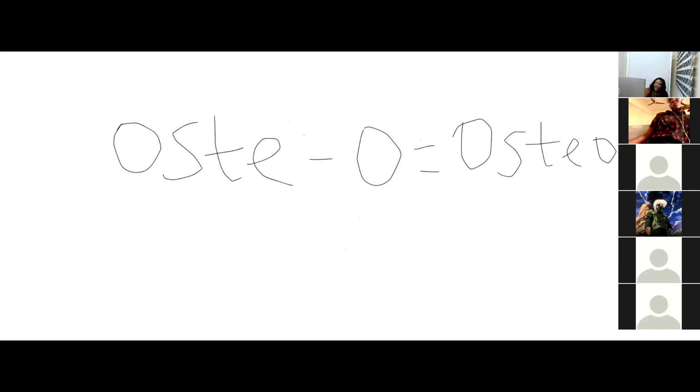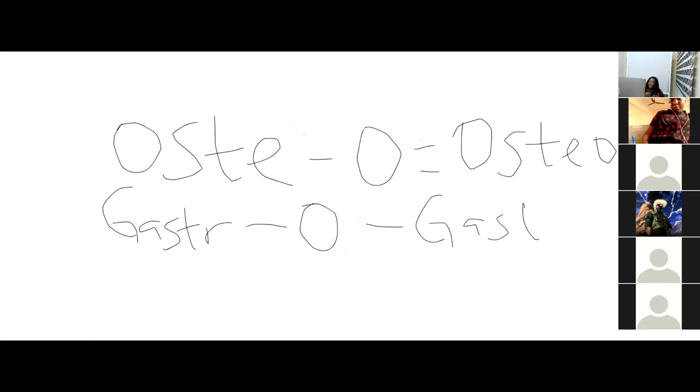Now, let's take another example. Gastr. This does not have any meaning. But when we add the vowel O to it, it becomes gastro, and we know they are talking about the stomach. So that is how some combining forms are formed in medical words.